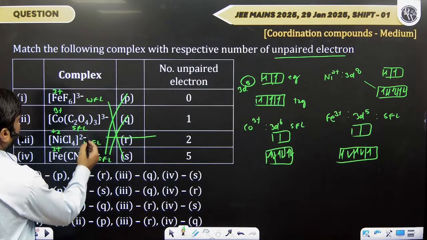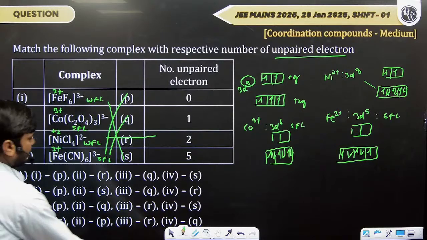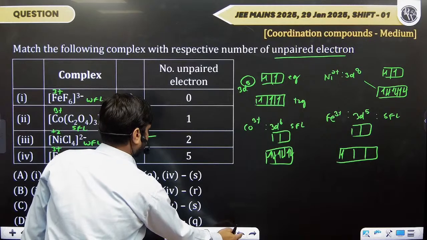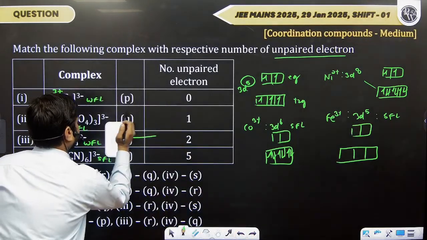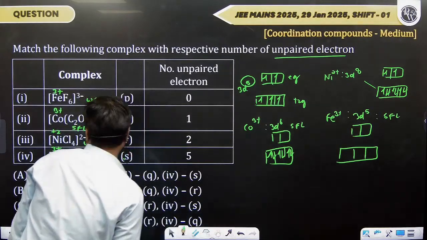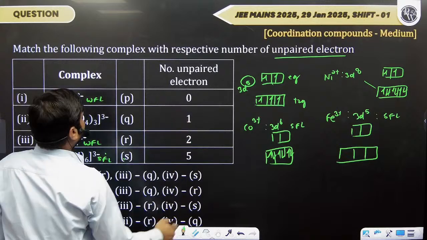So the answer is 1 S, 2 P, 3 R, 4 Q. ठीक है. So now see, 1 is going to be matched with how many unpaired electrons? 5.